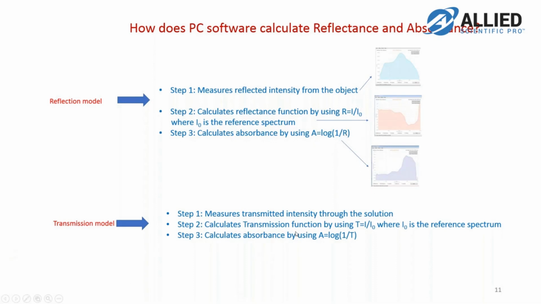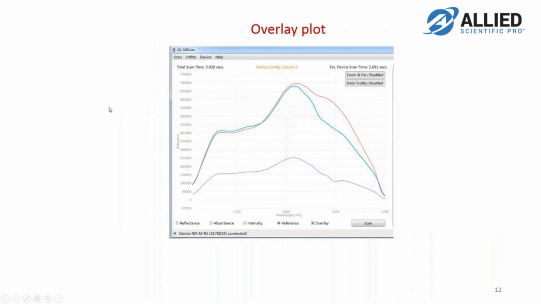For the transmission mode, it measures transmitted intensity through the solution and calculates the transmission function by using T equal to I over I0, and then the absorbance is log of 1 over T. So this is the simple math behind converting reflectance into absorbance, or transmission into absorbance.